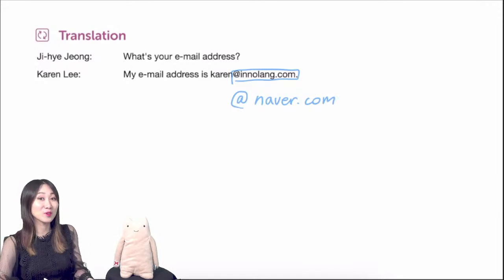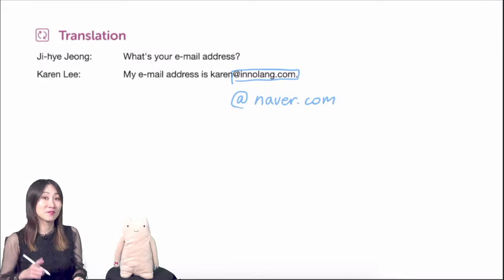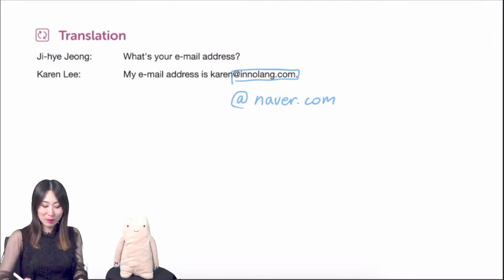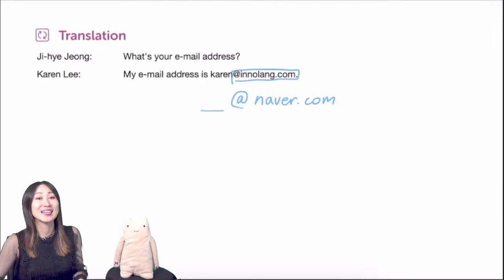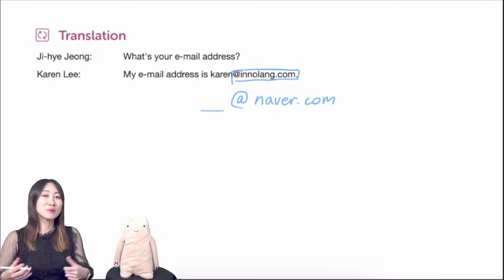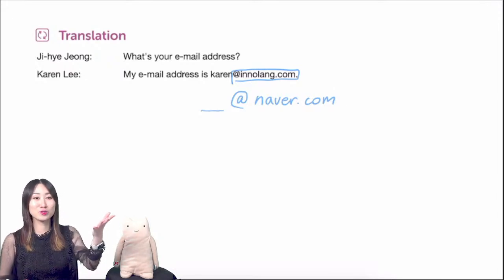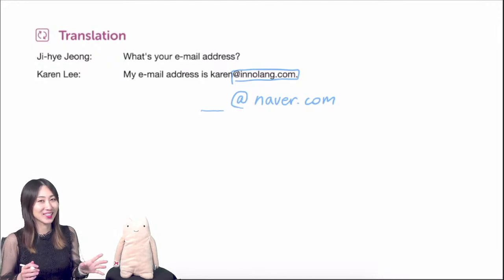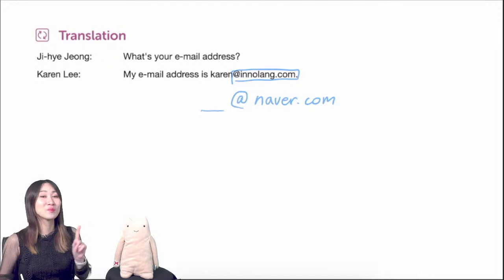It's the most popular search engine in Korea, so many Korean people have this email address. Blah, blah, blah at naver.com. If you see any email address with this domain, naver.com, you know this person is possibly Korean. This is how Korean people pronounce it.